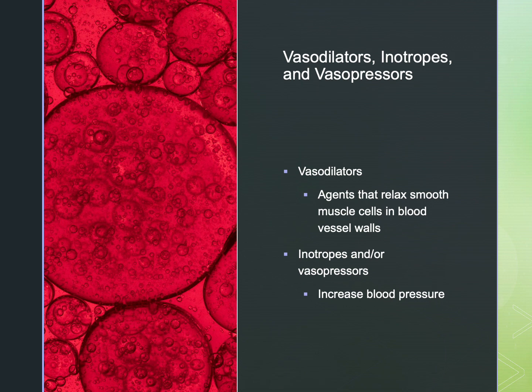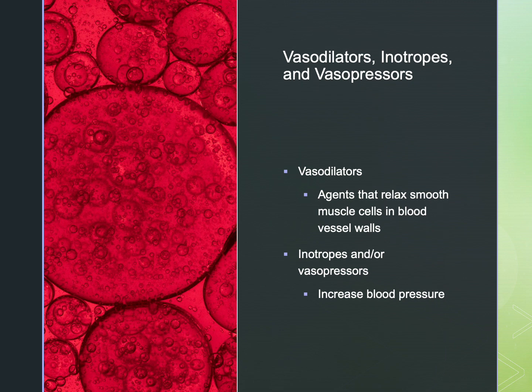So as previously mentioned, vasodilators relax the vessel walls, reducing blood pressure, whereas inotropes and vasopressors are used to increase blood pressure. Nitroglycerin and nitroprusside are used to treat angina, acute myocardial infarction, which is heart attack, and congestive heart failure, CHF.